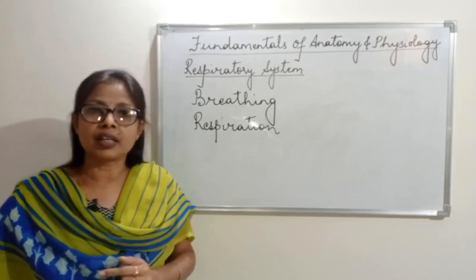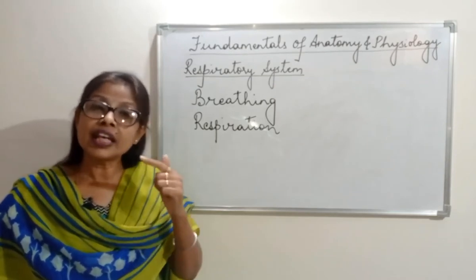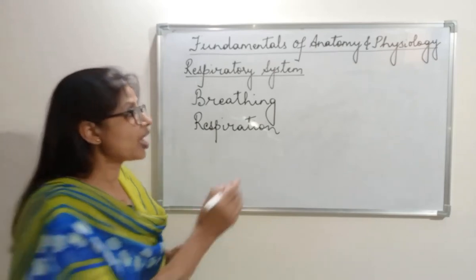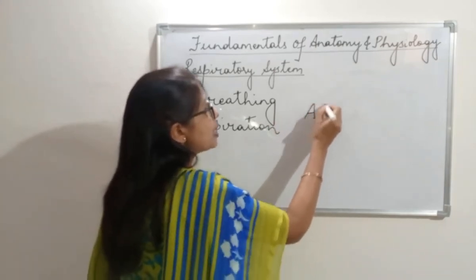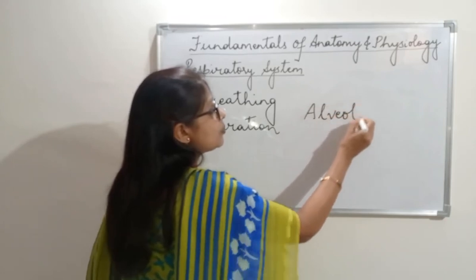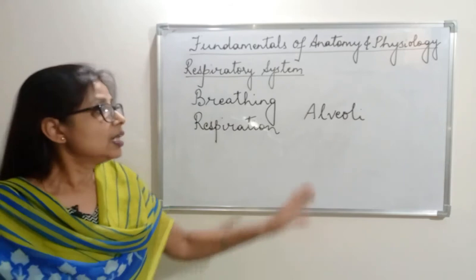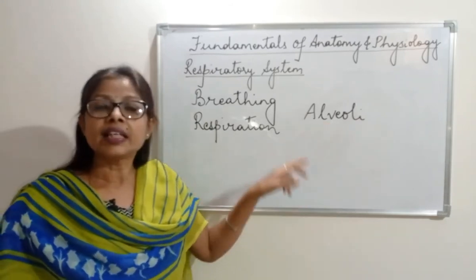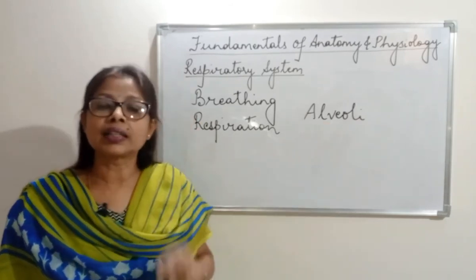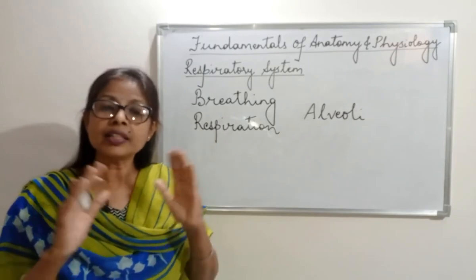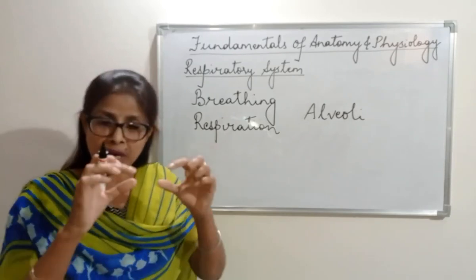From the trachea, it passes into the lungs where there are many alveoli. Alveoli are balloon-shaped structures which are present inside the lungs. There are two lungs in the human body. On either side, the branches are there.